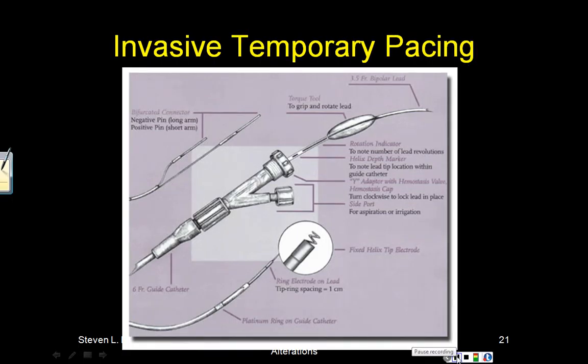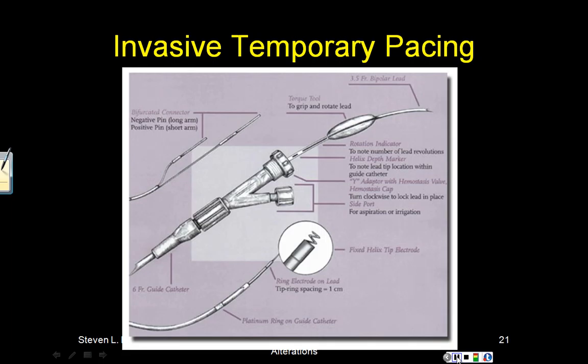With this transvenous pacing or invasive temporary pacing, the physician will insert a large catheter into a large vein. Usually it can be in the internal jugular or subclavian. You can sometimes go through the brachial, but many times you want to avoid the brachial because of the patient bending the arm. Once this cordis or large guide catheter is in place, then the pacing wire is threaded through the catheter and directed toward the right atrium and the right ventricle.